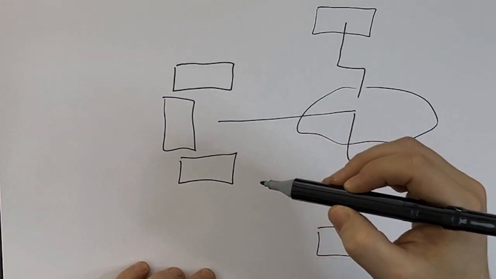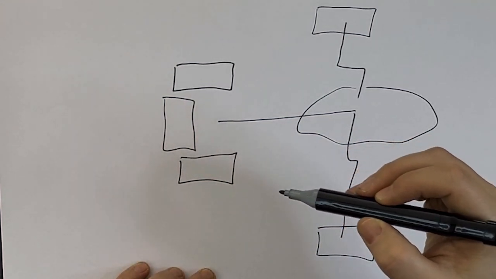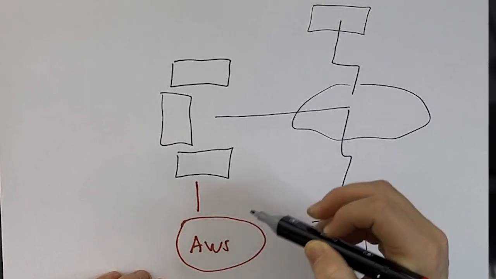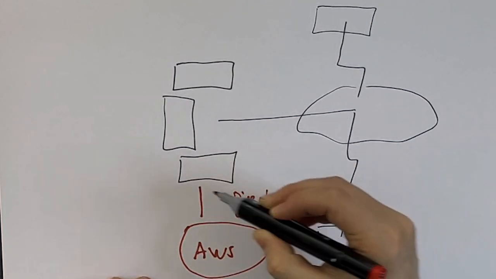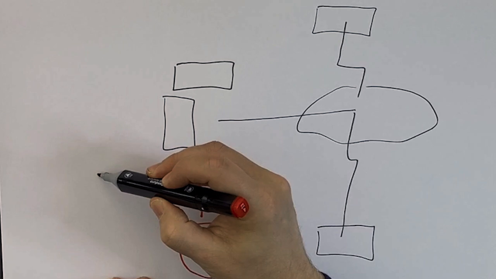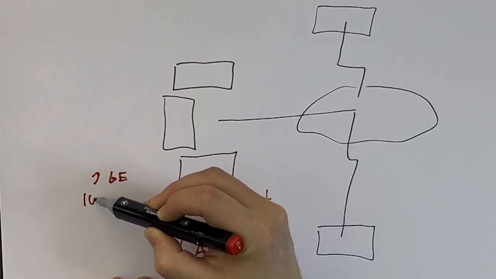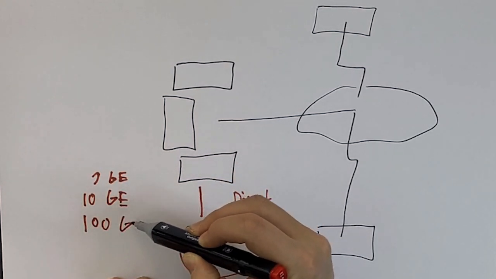And because of the nature of the applications that are important for this enterprise, they have selected to connect their cloud compute with Direct Connect. They're also connected with AWS using something known as Direct Connect, which comes in 3 different port speeds: 1 gigabit Ethernet, 10 gigabit Ethernet, and 100 gigabit Ethernet.